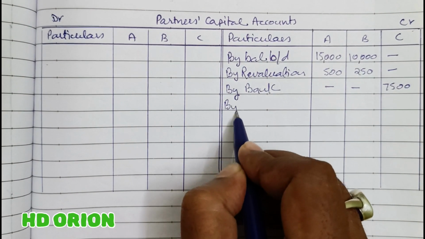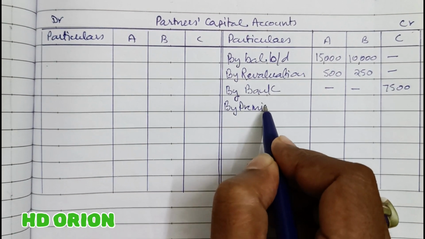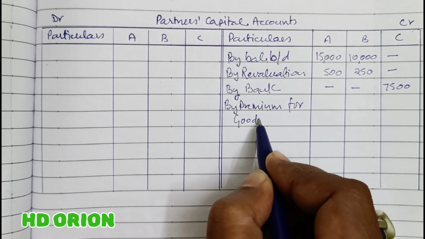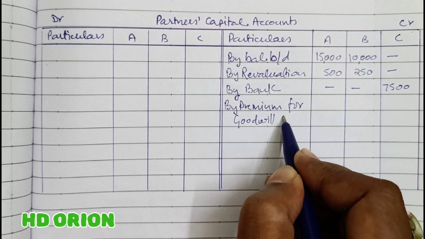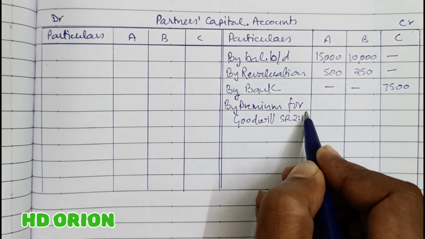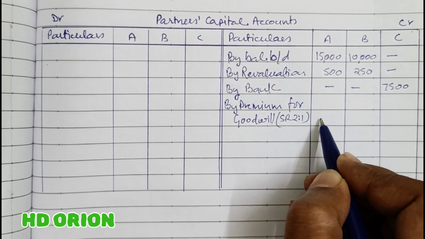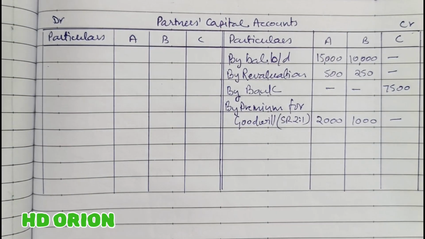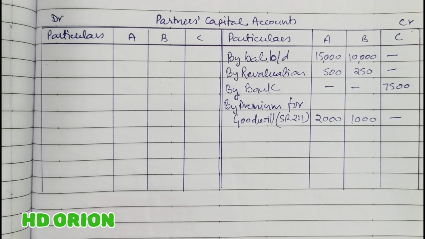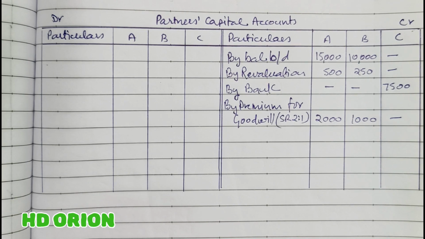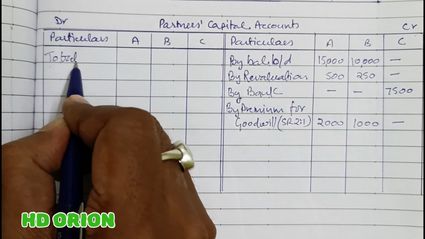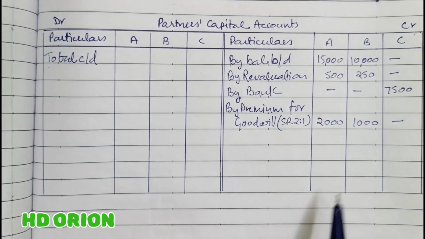And now premium for goodwill, brought by new partner C in their sacrificing ratio, that is 2:1. So it is how much? 2,000 and 1,000, total 3,000. And what else? Nothing. Now we will close the books. So it is to the debit side, to balance close down.